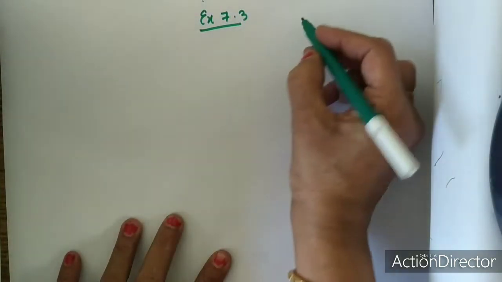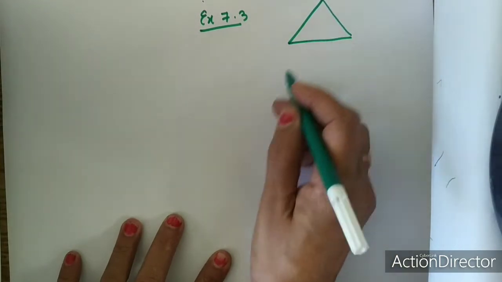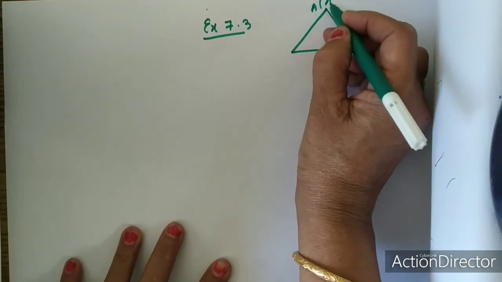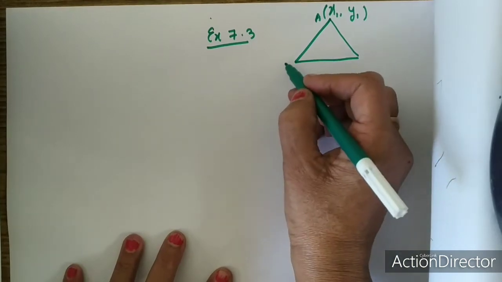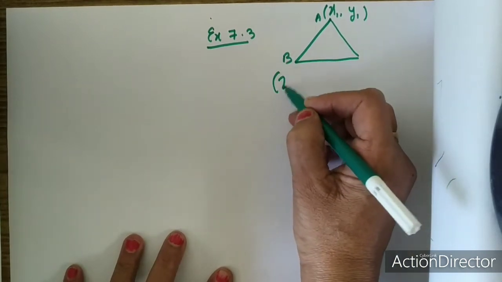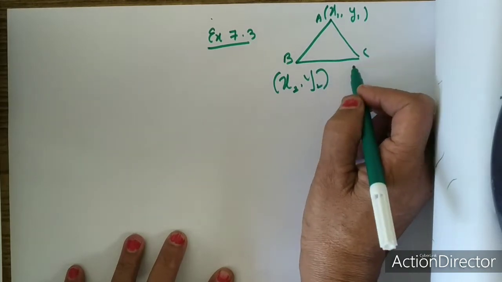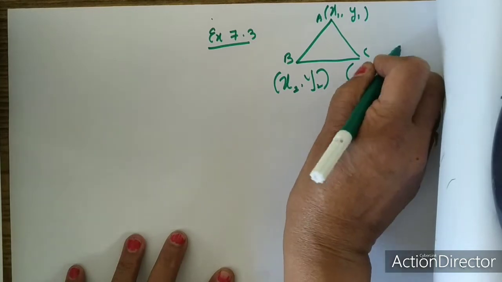Suppose we have a triangle with coordinates A (x1, y1), B (x2, y2) and C (x3, y3).